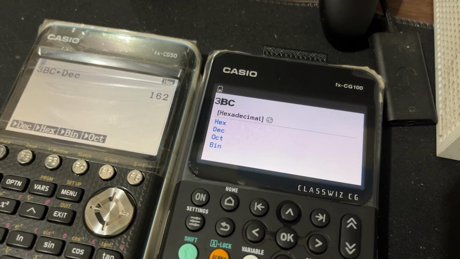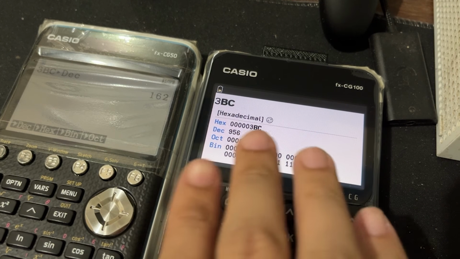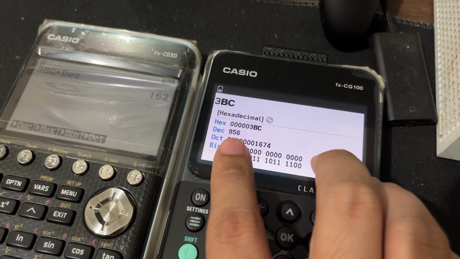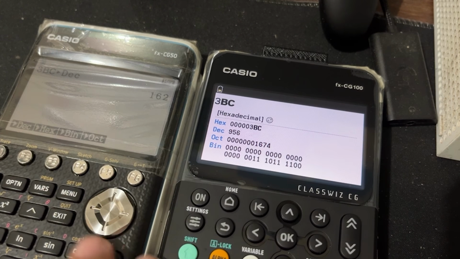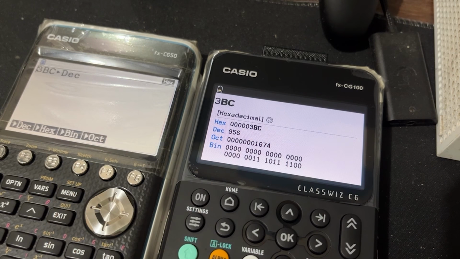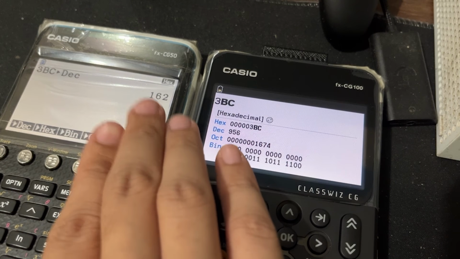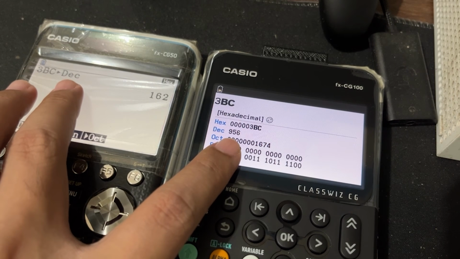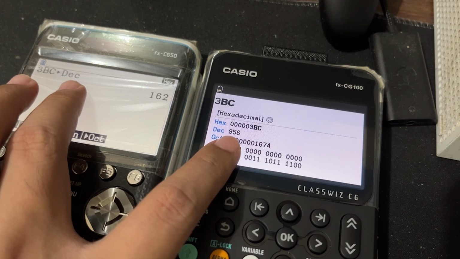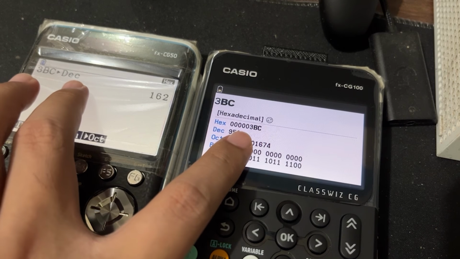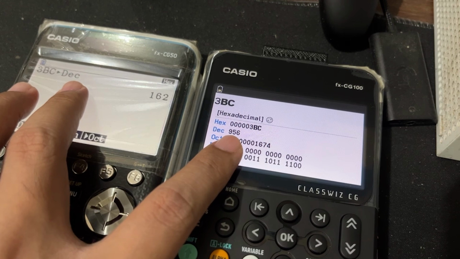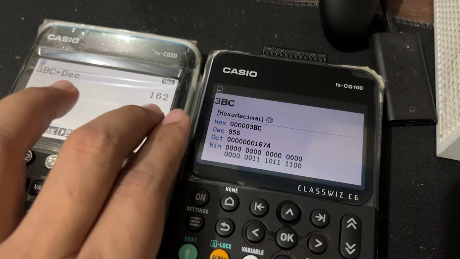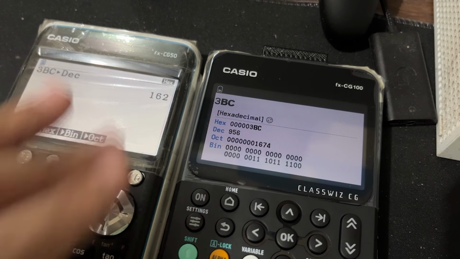Yes, the answer is 9, so the correct answer is 956. That's the correct answer. This one has an incorrect answer, 162, because of the decimal point. That's the IBM. For example, this is the IBM 3BC. 162 is incorrect. The answer is on the CG50. Maybe it's going to fix the problem.